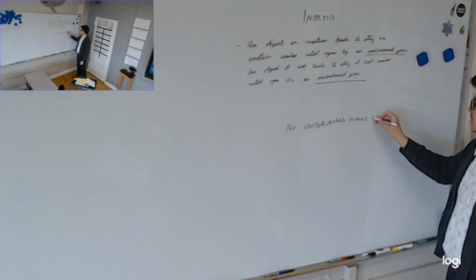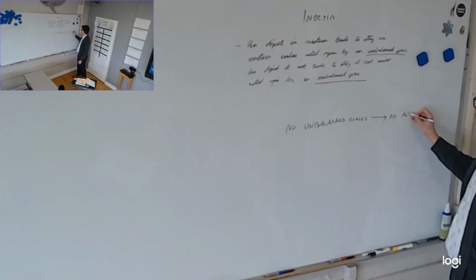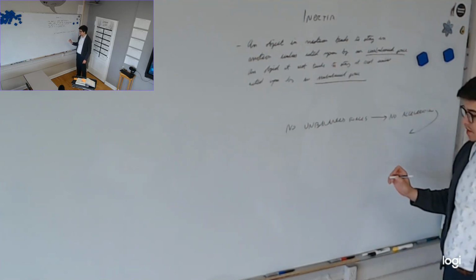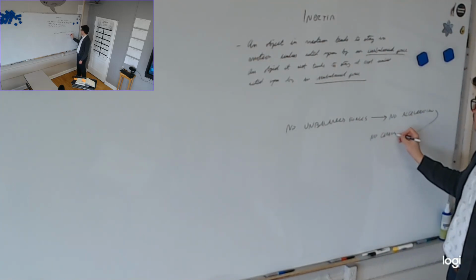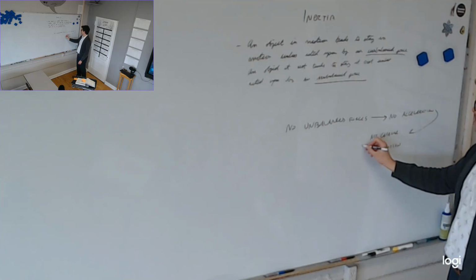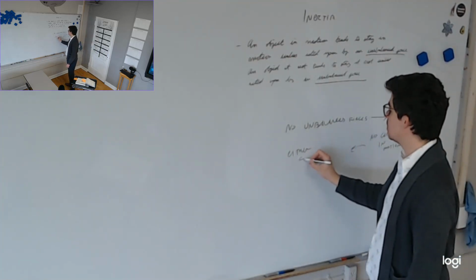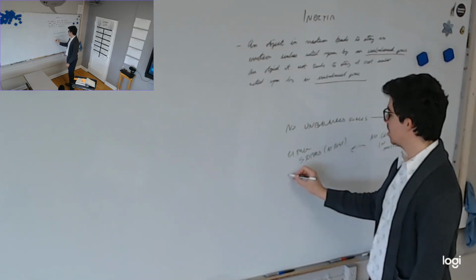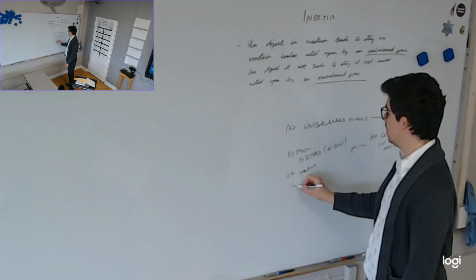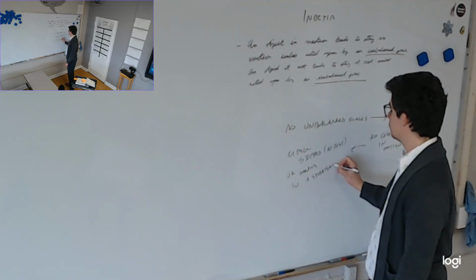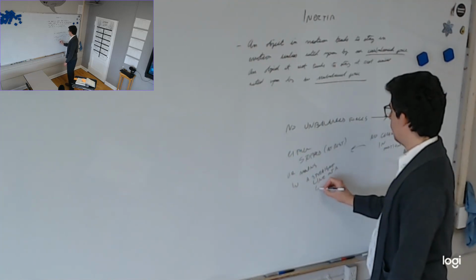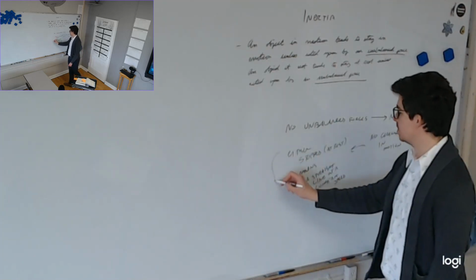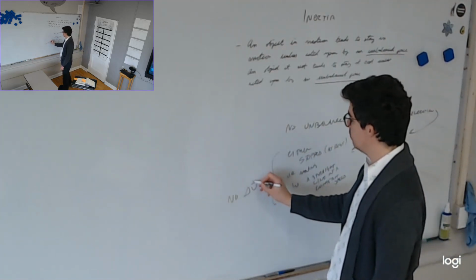So no unbalanced forces leads to no acceleration, which leads to no change in motion, which means it's either stopped, at rest, or moving in a straight line at a constant speed, which means no delta v, no change in velocity.